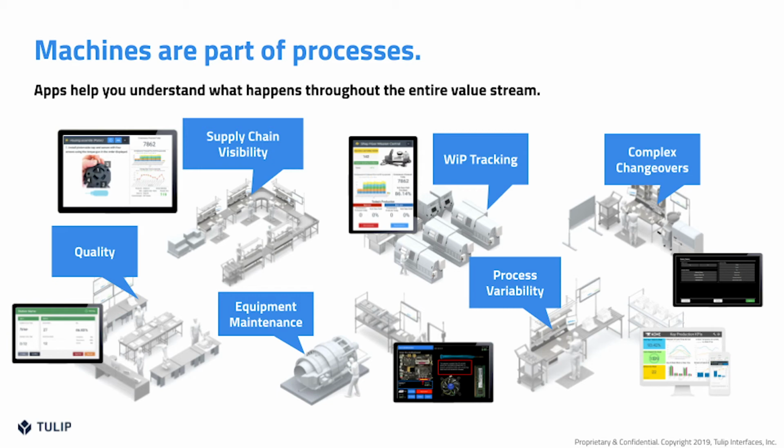Oh, absolutely. We see all levels of sophistication, from a mom and pop shop to a $13 billion organization and everything in between. We see companies with hundreds of machines that require monitoring, and then not so many.